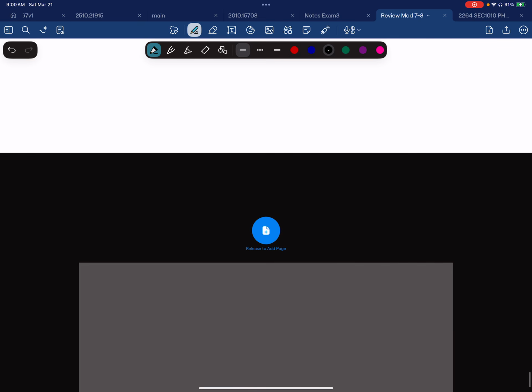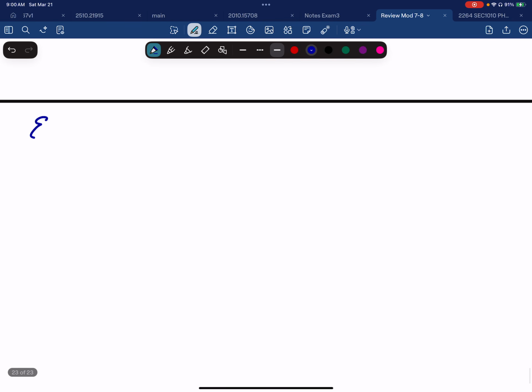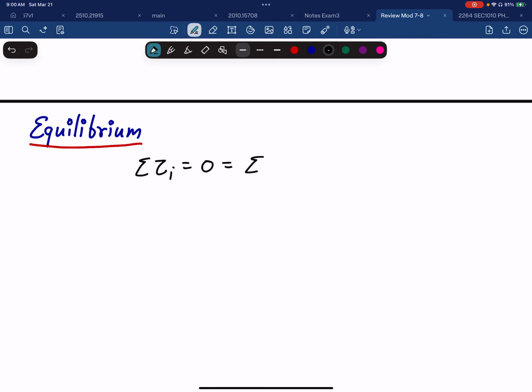The only last concept is basically the equilibrium situation. And what is equilibrium? Equilibrium is when your net torque and your net force on a system is zero.